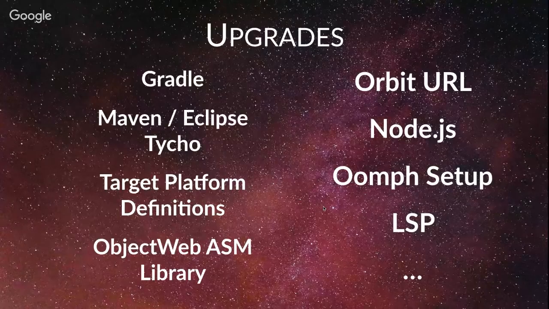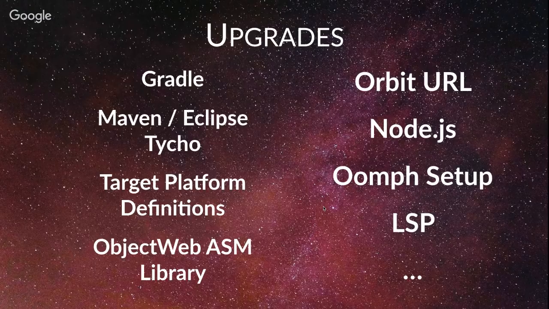Of course, we have to keep up with the newest Gradle versions. We have Gradle builds, but we also produce Gradle plugins. Same for Maven and Eclipse Tycho. There have been 2 releases of Maven Tycho in between that we have had to use and to test. And all target platforms for Xtext have changed all the time.